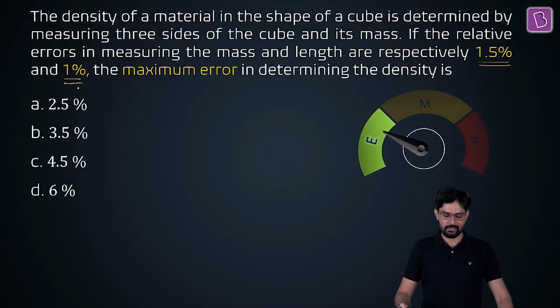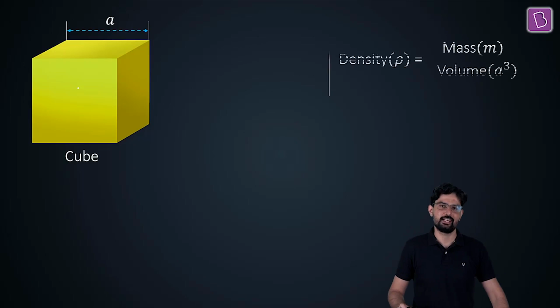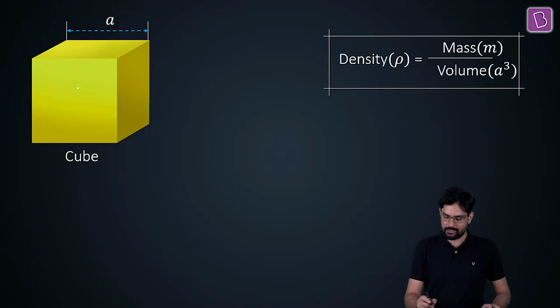So we know that the density of a cube, or the density of anything, is mass per unit volume, right? And the volume of the cube is going to be side cubed, that is A cubed.